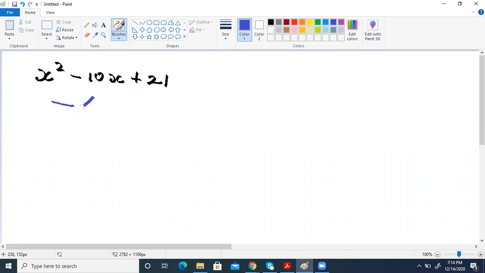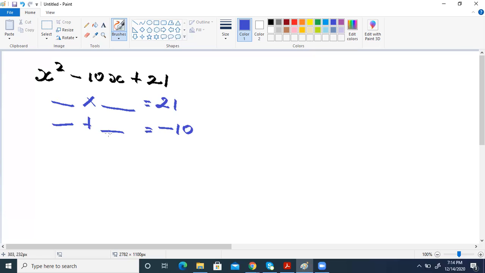We need two numbers that when you multiply them, you get the product of A, the coefficient of x squared, and C. So A times C, in this case 1 times 21, gives 21. You need two numbers that multiply to 21 and add to negative 10.